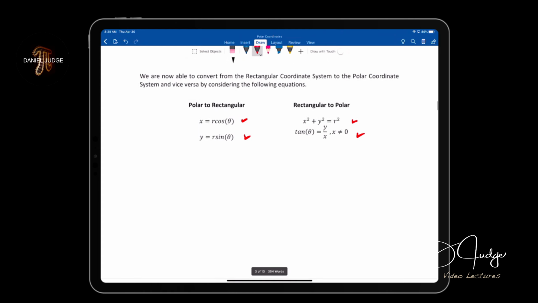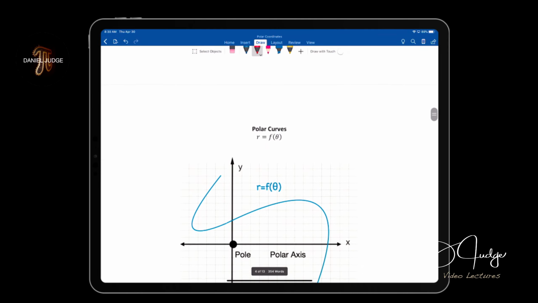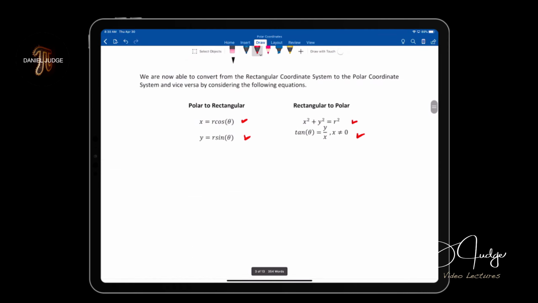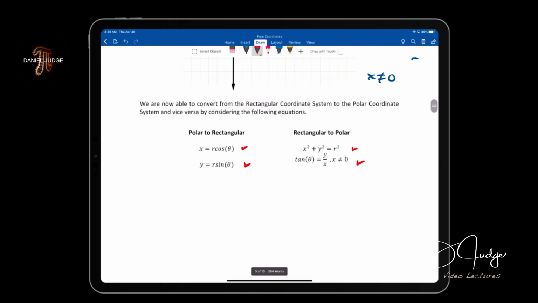We can convert points. I'm going to write down here, we can convert to the different systems. You can go back and forth. You can convert from polar to rectangular, rectangular to polar.